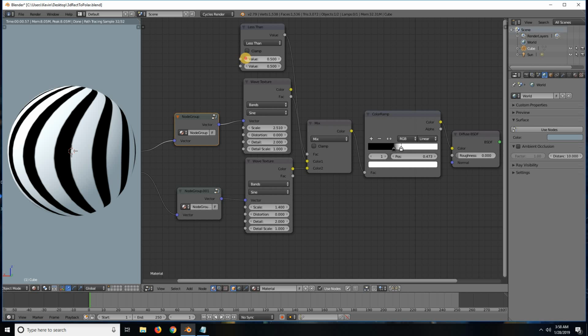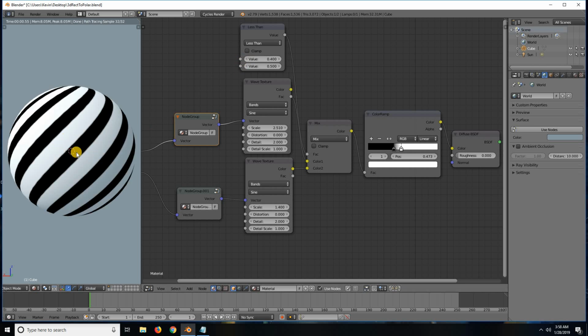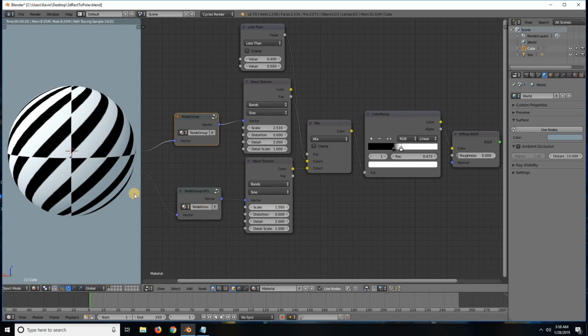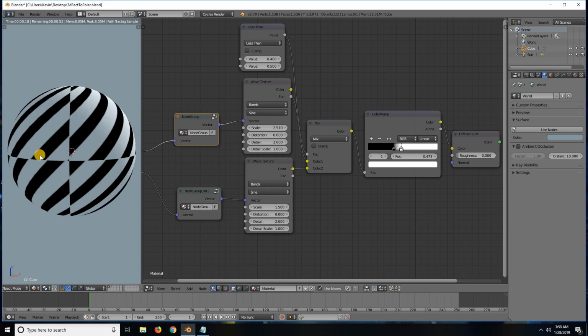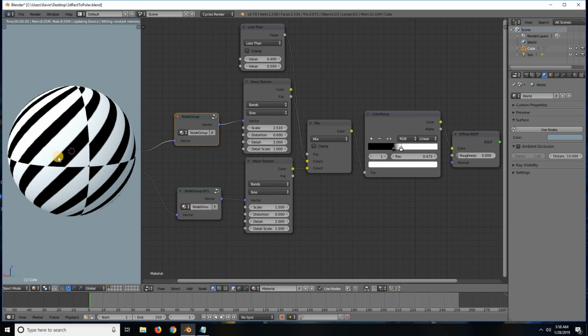Now, however, in this one, when the seam shows up, because we're not only giving the angle for top to bottom, but we're giving the angle around the equator, you actually get a split all the way around in the 4 points. You get a split on that side and a split on this side.